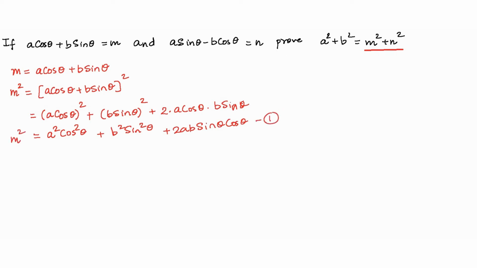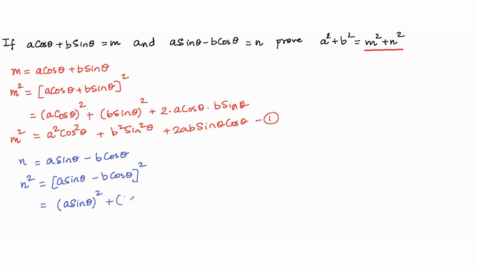And now I can find the value of N square. So N is given as A sin theta minus B cos theta, which means N square is A sin theta minus B cos theta the whole square. So this is of the form A minus B the whole square, which is A square. So A sin theta the whole square plus B cos theta the whole square, and I would have minus 2A times B, right?